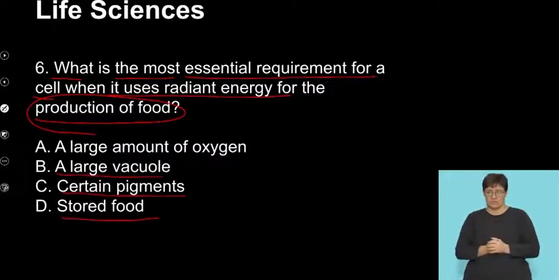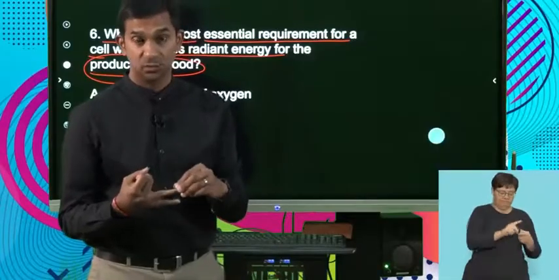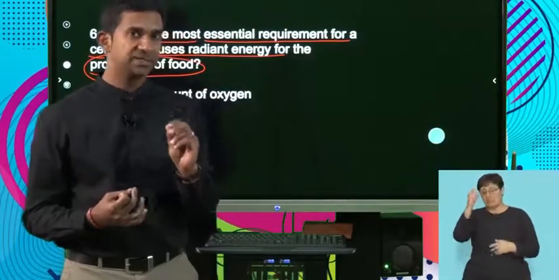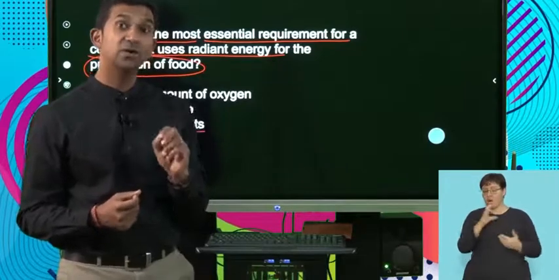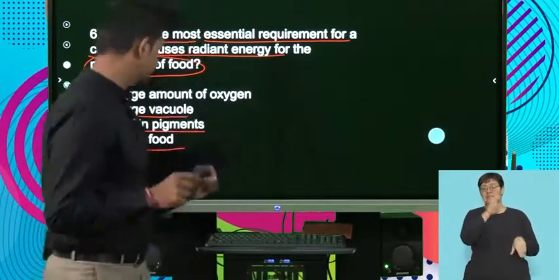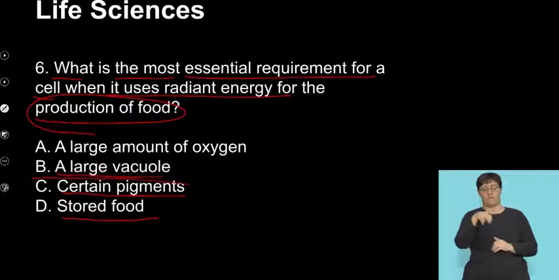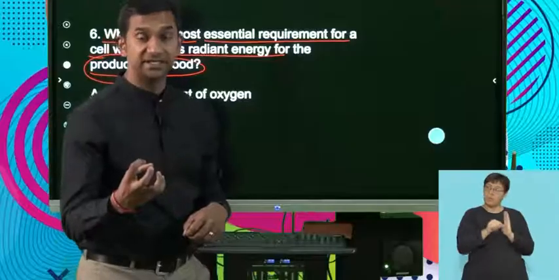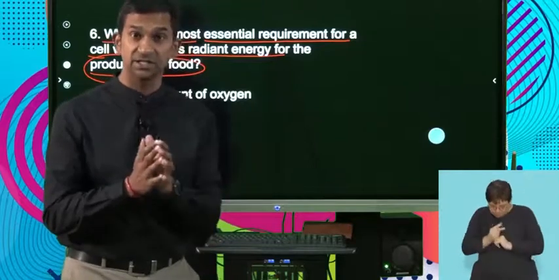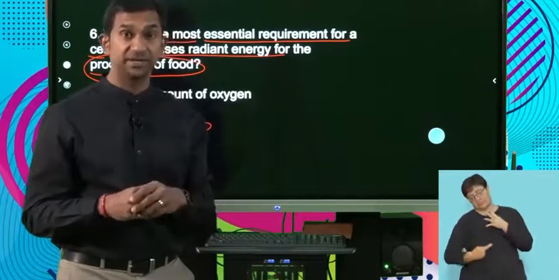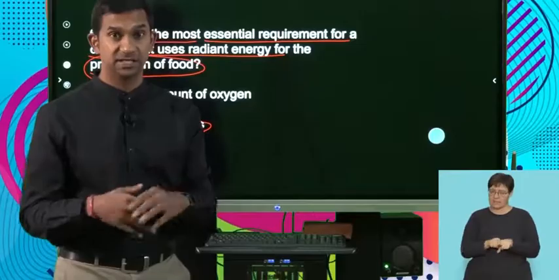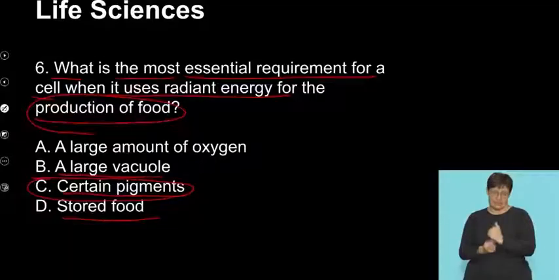So guys, the basic process of photosynthesis requires the basic raw materials, which are carbon dioxide and water, but we know that it happens in the chloroplast, and that chloroplast contains a pigment, which is chlorophyll. And so we need these pigments, and these pigments are crucial to absorbing the radiant energy and using that energy to carry out various different chemical reactions, like splitting up water. So the answer there would be C.